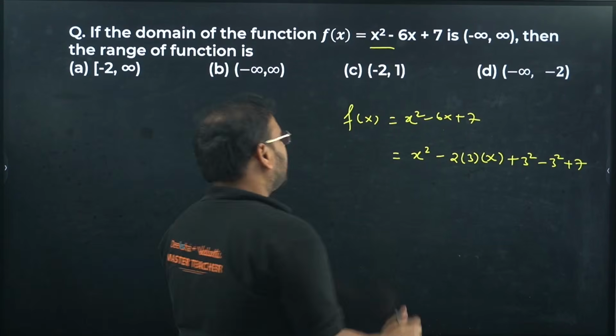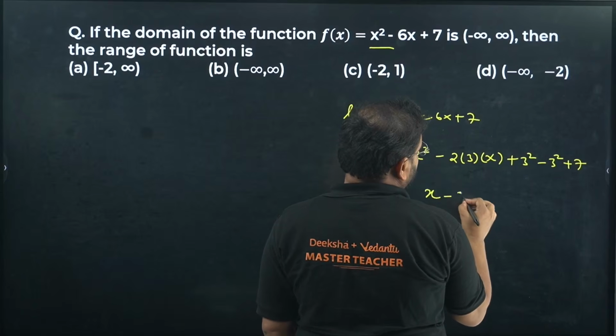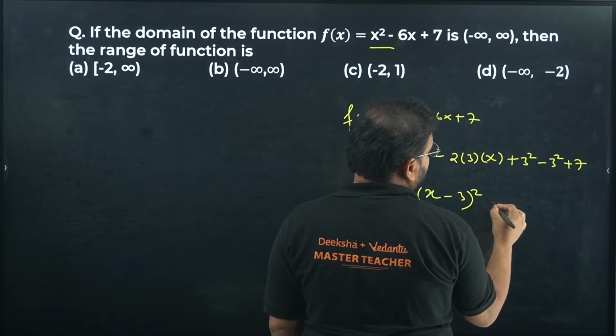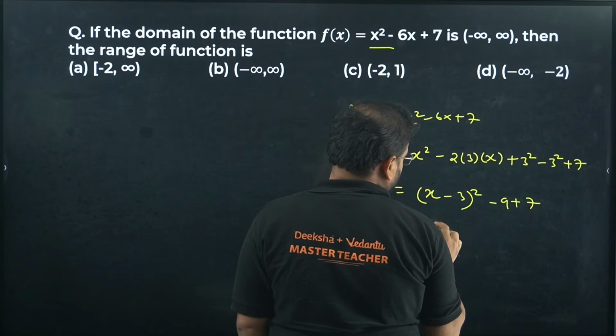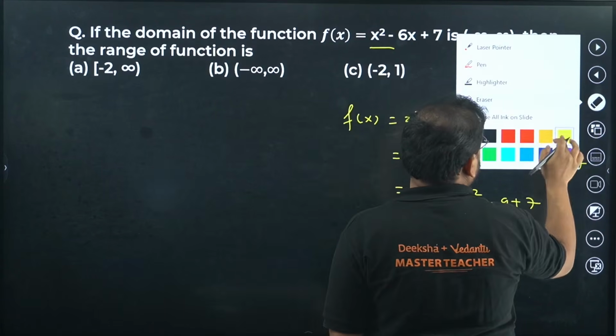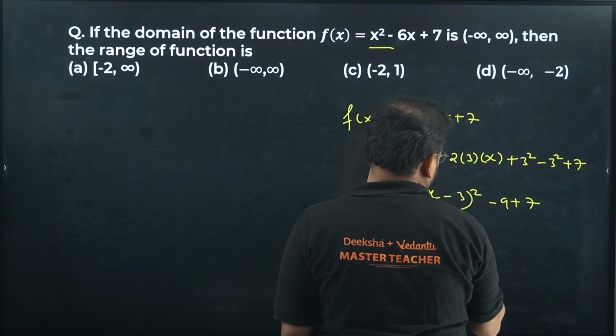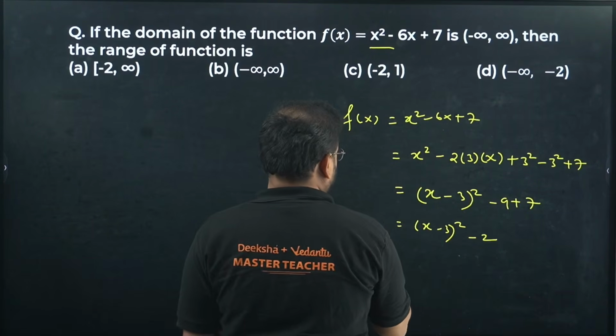So I get x minus 3 the whole square minus 9 plus 7. So x minus 3 the whole square minus 2. This is your f of x.